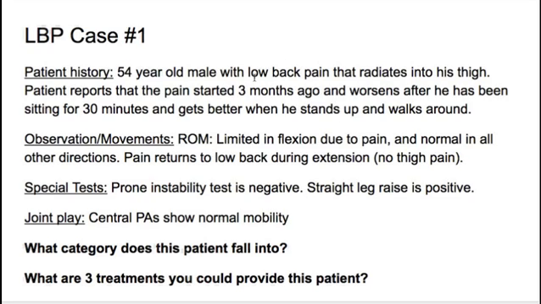The patient reports flexion as worse, so sitting, which flexes the spine and increases disc pressure, and extension relieves pain, i.e. walking around. And the pain is not acute. He's had it for several months, so he wouldn't fall into the manipulation category.